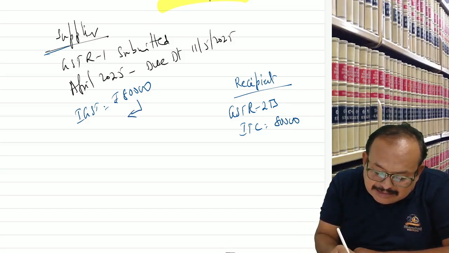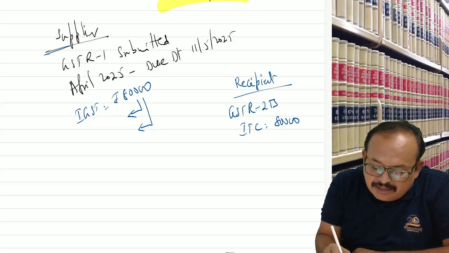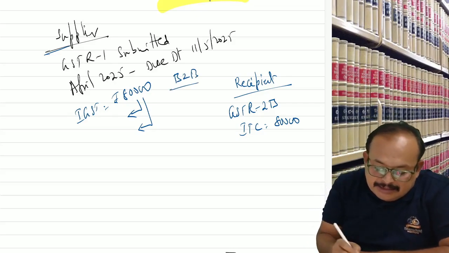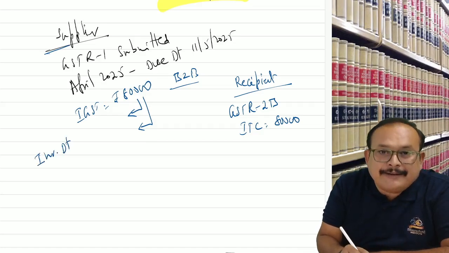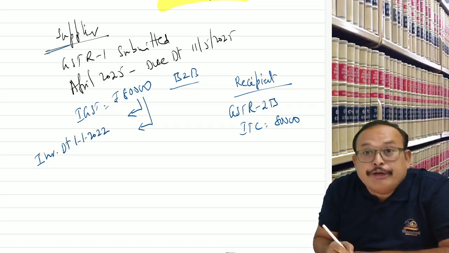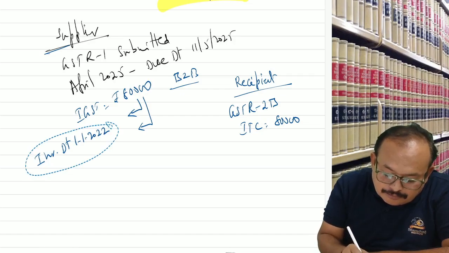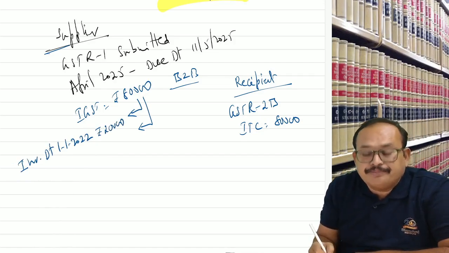They are showing invoice-wise detail because a B to B transaction should be shown invoice-wise in the return. Here they said invoice dated 1st January 2022, that value of IGST 20,000.